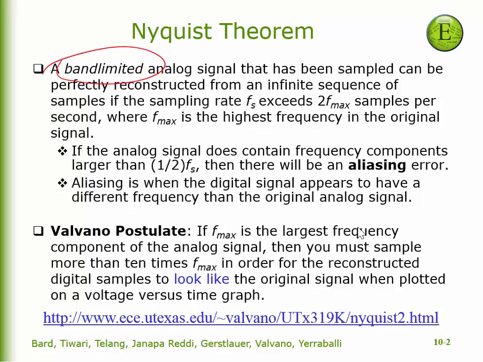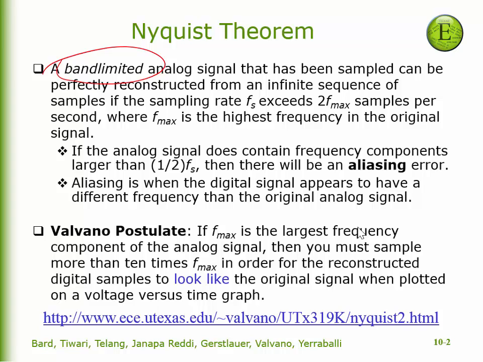So if F is the largest frequency, you must sample more than 10 times to look like the original when plotted. Now this second one doesn't really apply. It's the first one that we're looking at, the Nyquist theorem, because what we're going to do is look at the signal when we low pass filter it again on the other end.